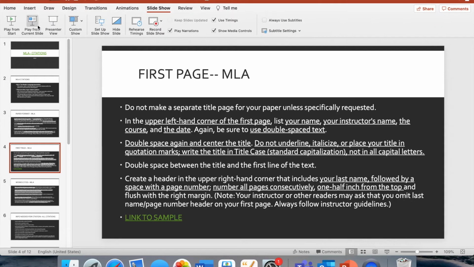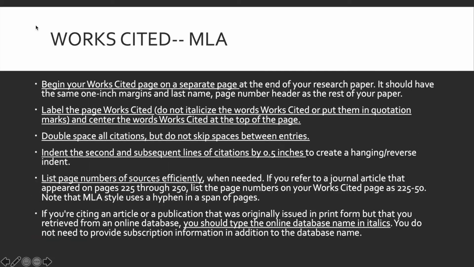So we're going to go back to our PowerPoint. When you're doing citations for MLA, it's going to be on a separate page if you're having a specific works cited page. And so this is what your works cited page would look like. It would be on its own page. It would have works cited at the top as the title, again, just centered, not in a larger font, not bold, not formatted in any way.